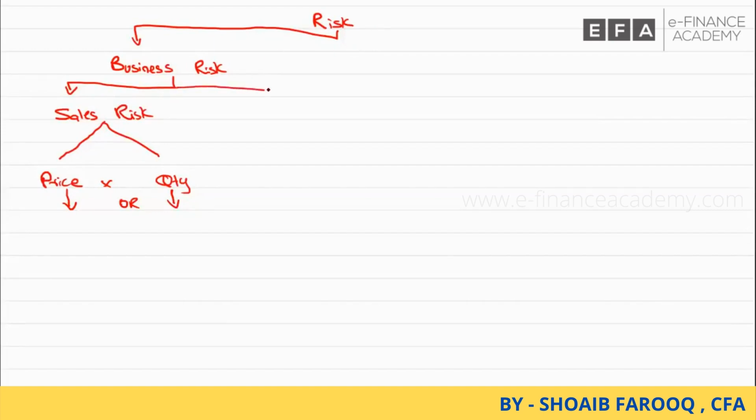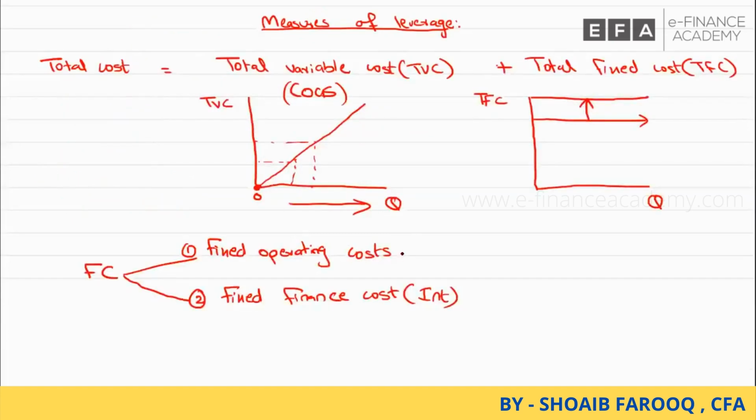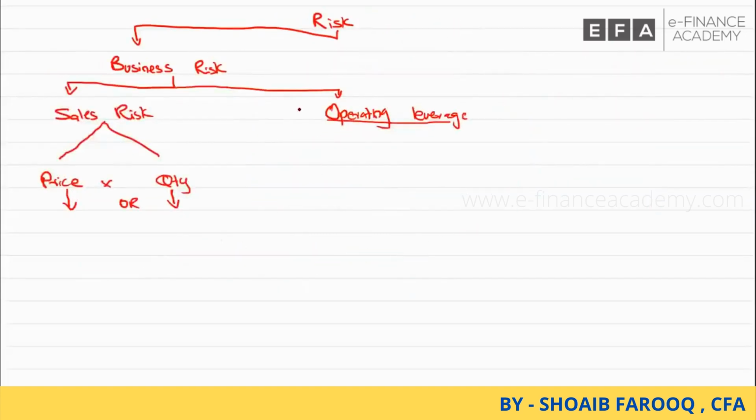The second component of business risk is what we call operating leverage, which is the risk that arises due to fixed operating costs, and that's exactly what we said earlier.